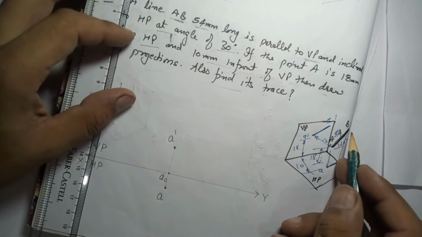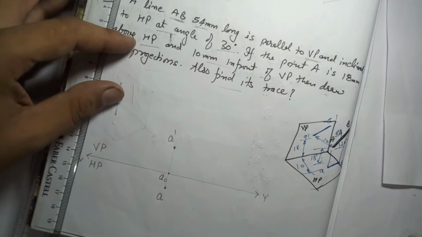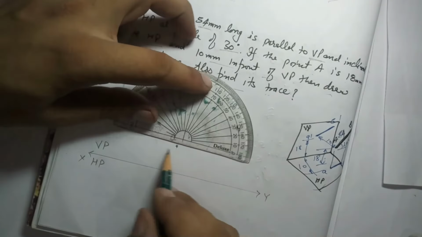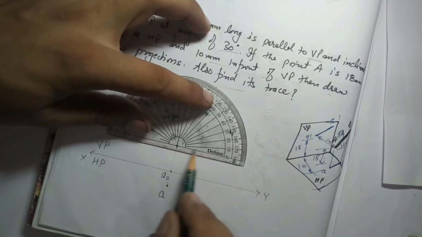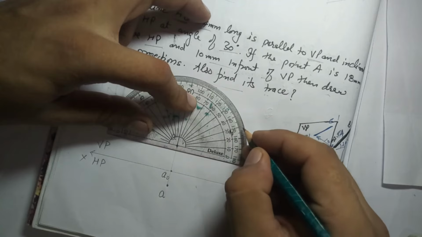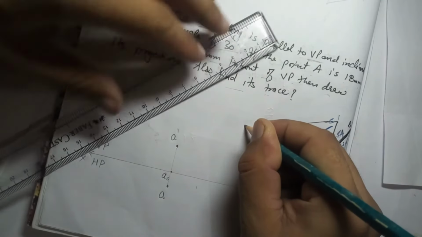Now the length of the line is 54 mm but making an angle of 30 degrees. So use a protractor to make an exact 30 degree angle. You have to hold it horizontally, just parallel to the XY line. If you are using a grid sheet, then it will be very easy to mark. So mark the 30 degree angle. Exactly, I have taken the 30 degree angle.